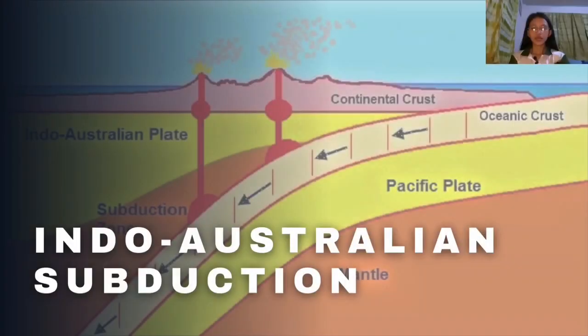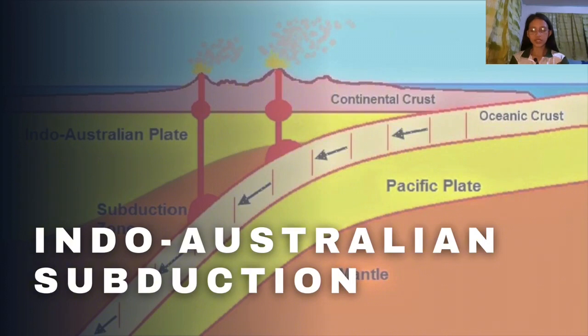Indonesia sits at the heart of one of the most geologically active regions on Earth, all because of the dynamic movement of the Indo-Australian plate. This tectonic plate has shaped not only the land but also the lives of millions across Southeast Asia.